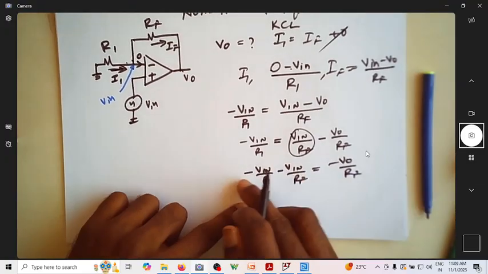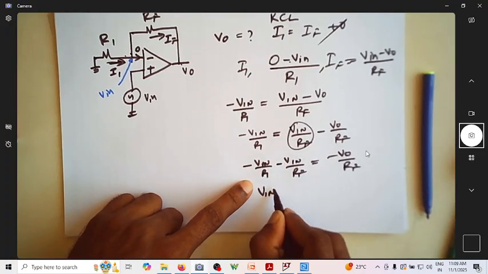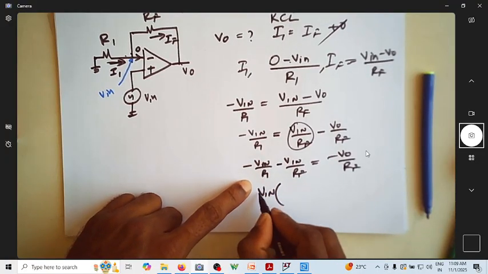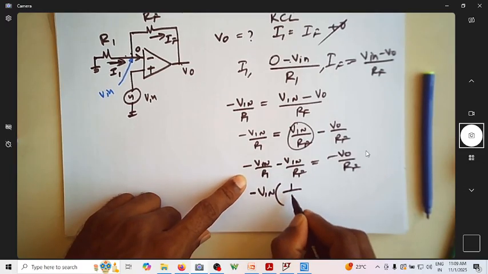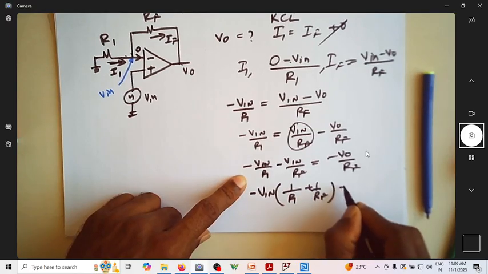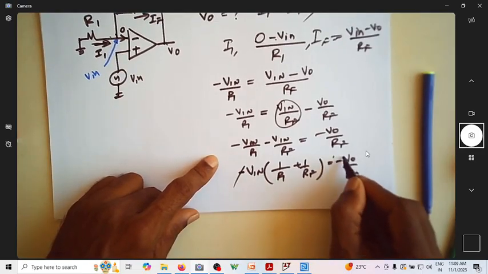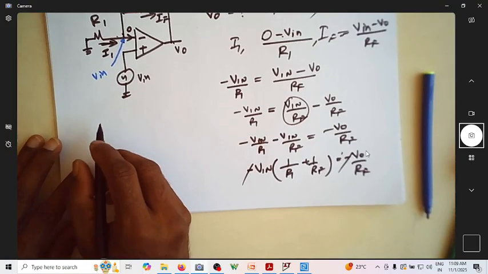I can take the minus sign out, and taking Vin outside, write it as Vin times 1 over R1 plus 1 over RF is equal to minus V naught by RF. So this minus and minus will go off, and can I write now?